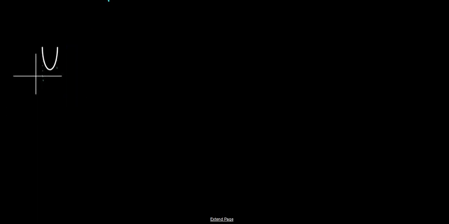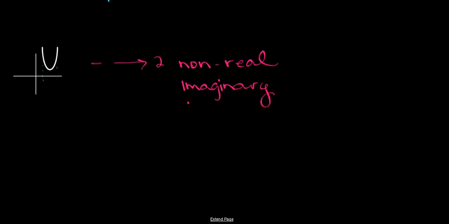Now the way you end up with non-real solutions is you're going to have a negative discriminant. And I don't care if it's perfect or it's not. We have two non-real solutions. You might also call them imaginary. Or you might see the word complex. It all means the same thing.